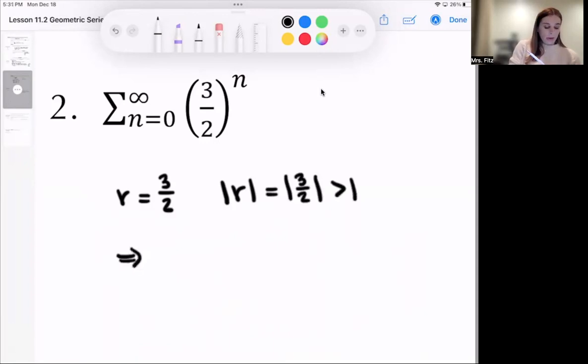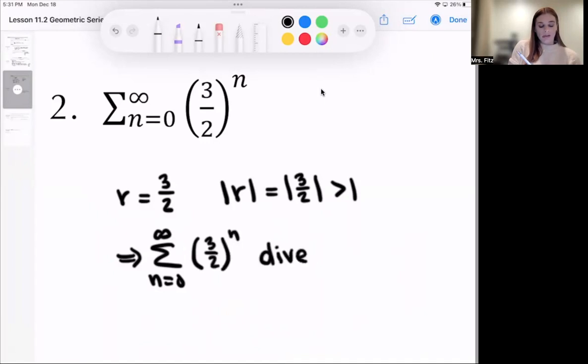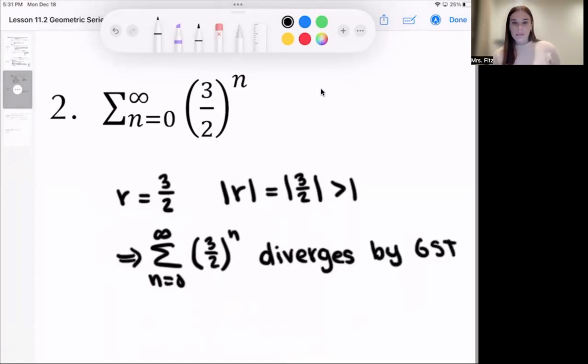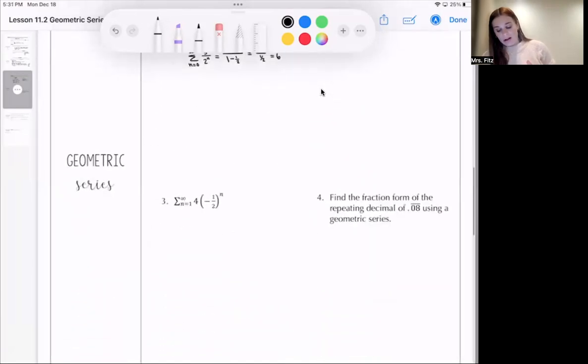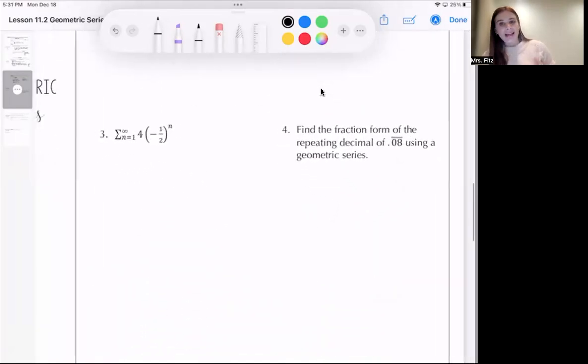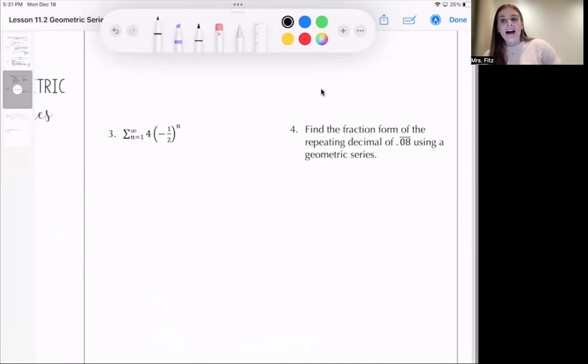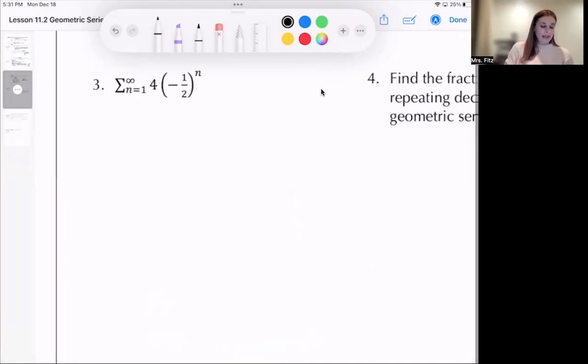So therefore, the sum from n equals 0 to infinity of 3/2 to the n diverges by the geometric series test. Okay, so now go ahead and pause and try number 3. Number 4 is a little tricky. Once you finish, go ahead and unpause and we can go through it together.